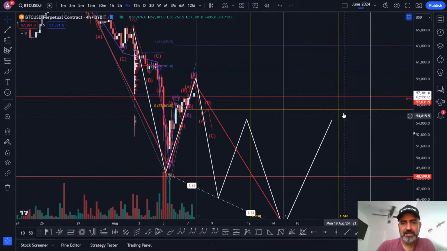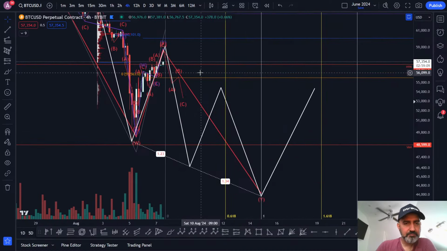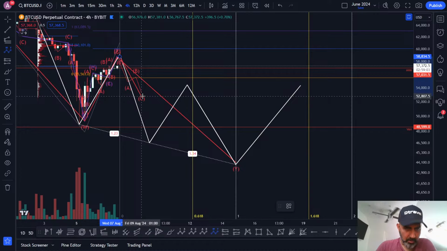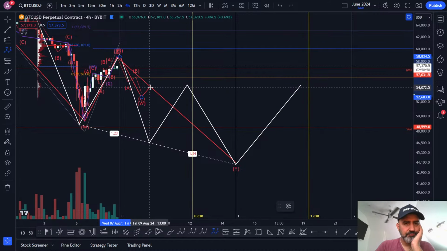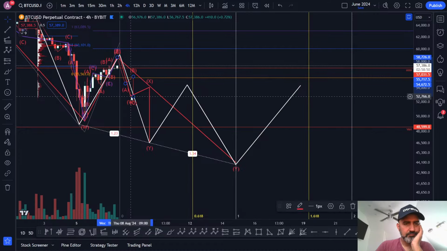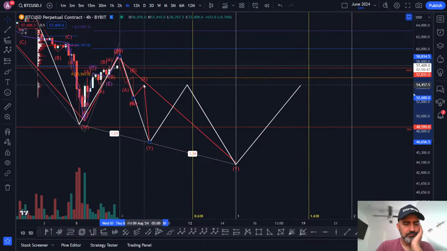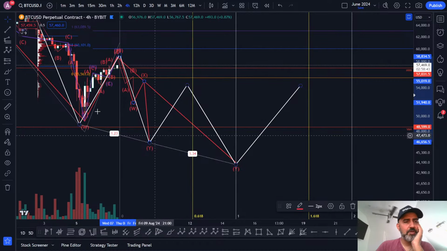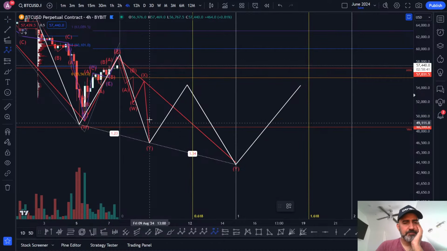In terms of the corrective count, let me see, a purple. That kind of sharp drop. Purple.